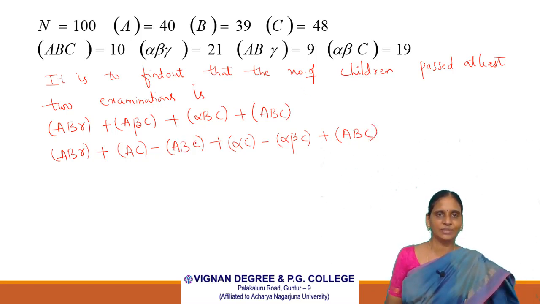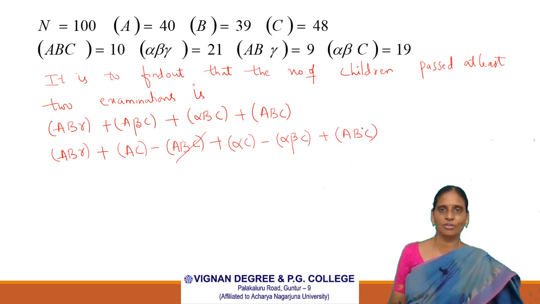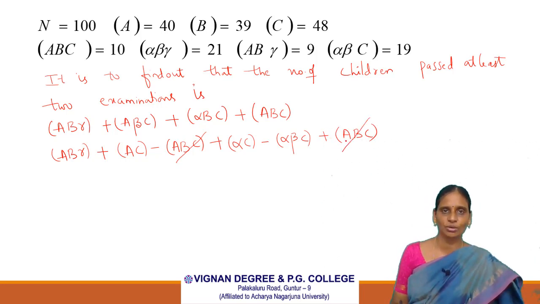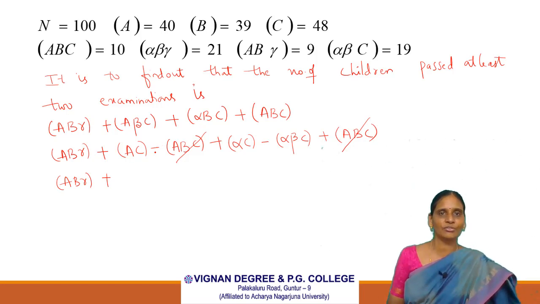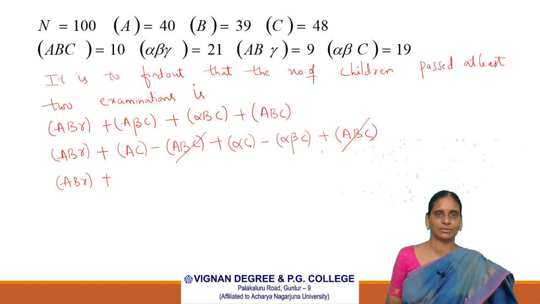Here minus frequency of ABC and here plus frequency of ABC, so these two class frequencies are cancelled. The remaining class frequencies are frequency of ABγ plus frequency of AC plus frequency of αC.